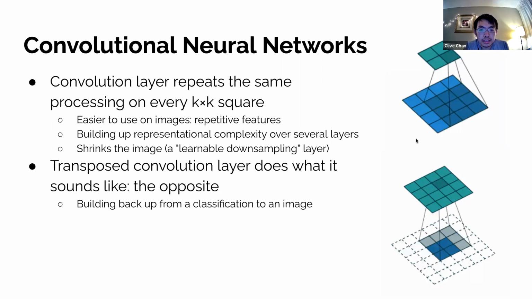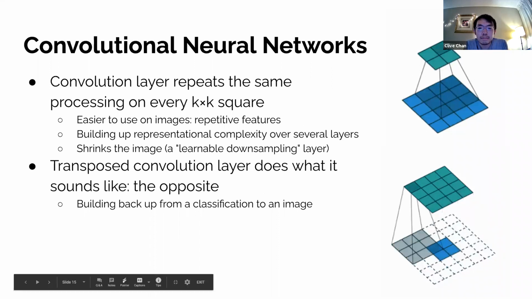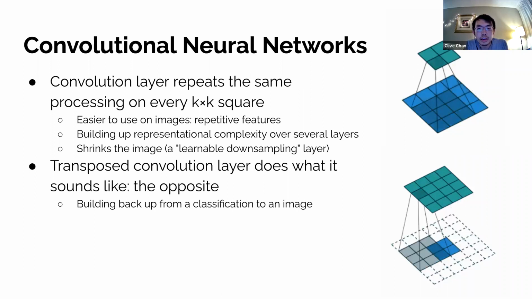All right. And then convolutional neural networks are sort of the key to why neural networks work so well on images. Because if you train a regular neural network connecting every single pixel, looking at every single pixel individually, you get an incredibly large neural network.